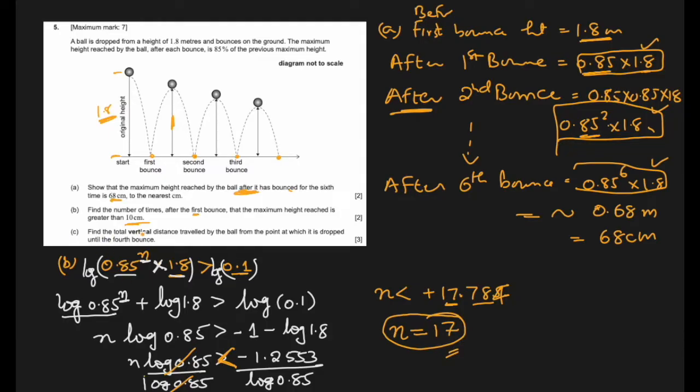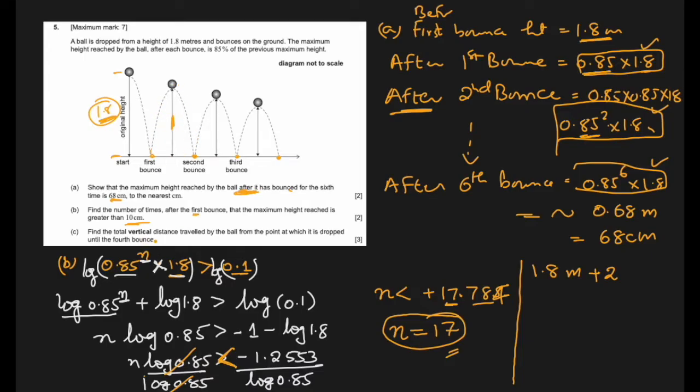Part C. Find the total vertical distance traveled by the ball from the point at which it is dropped until the fourth bounce, means until after the third bounce, right? Fourth bounce, okay, 1, 2, 3, 4. This is what it's saying. So we know the first one is 1.8. So the first height is 1.8, plus the second, this one will be twice because it is going up and coming down.